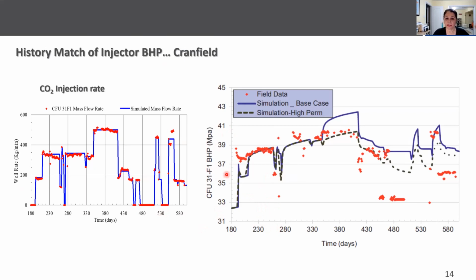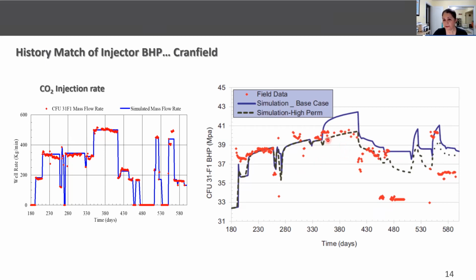So this is the bottom hole pressure. Red is the field data, and blue is the first set of simulations that we did. Nicely, we matched the pressure response up to the point that they increased the rate significantly. So we had a hard time matching the pressure drop with the original conditions that we had.